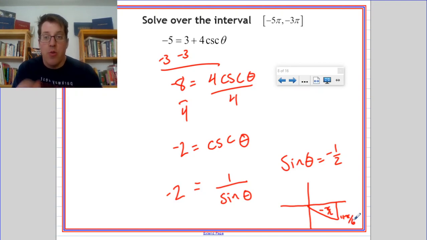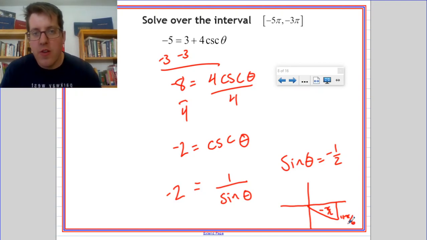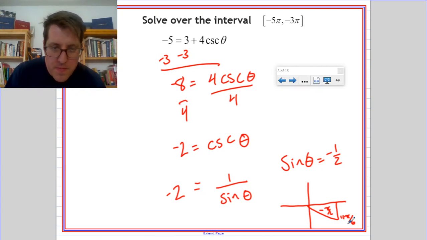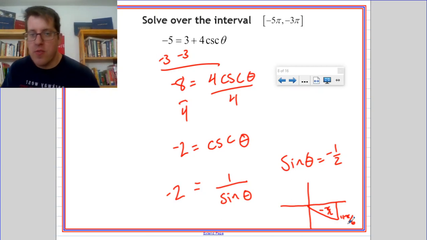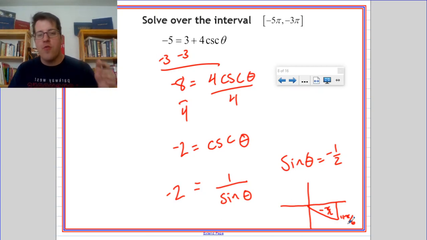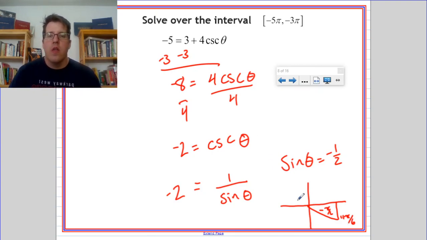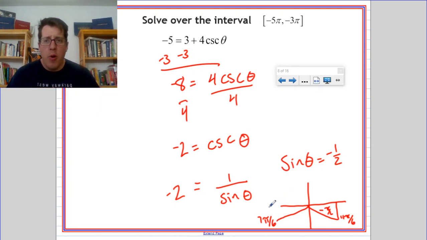It doesn't matter how you think about it. What's important is that there is a reference angle of pi over 6, and it's underneath the x-axis. In fact, both of these angles, so this would be 7 pi over 6. And of course, I could call it any coterminal angle I wanted. But both of those angles would solve this equation.